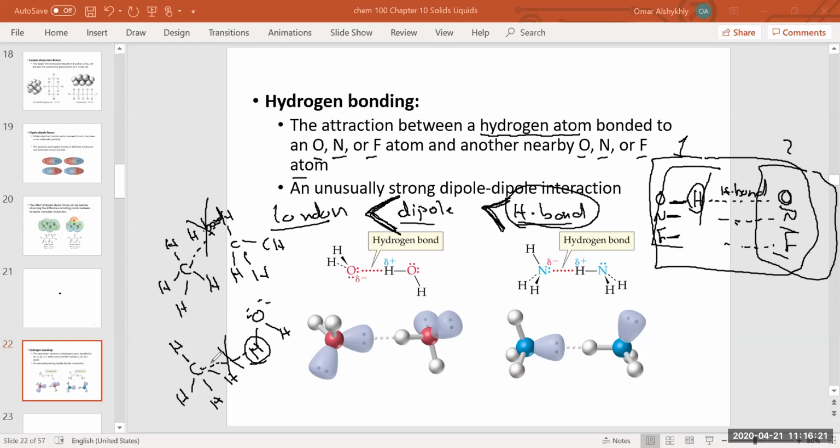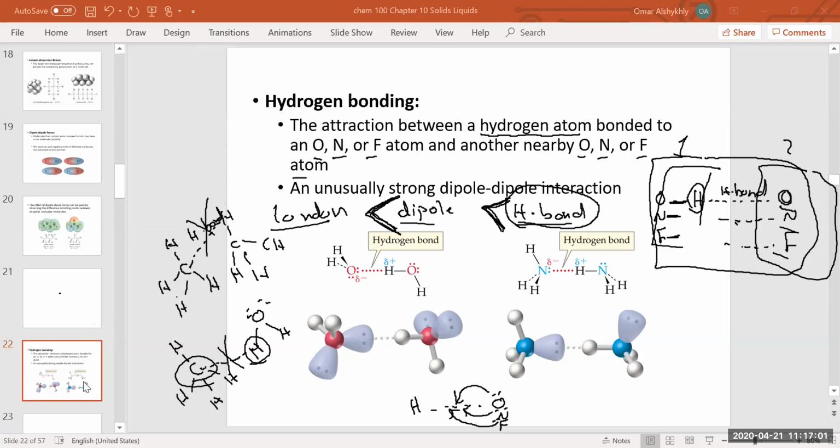Here it's bonded to carbon, so it cannot. Hydrogen, when bonded with oxygen or fluorine, has a lone pair that could form the hydrogen bond with the hydrogen. Here, carbon cannot form that hydrogen bond. Not only because it doesn't have a lone pair, but because there is a small difference in electronegativity between the carbon and hydrogen, so it will not form a hydrogen bond.